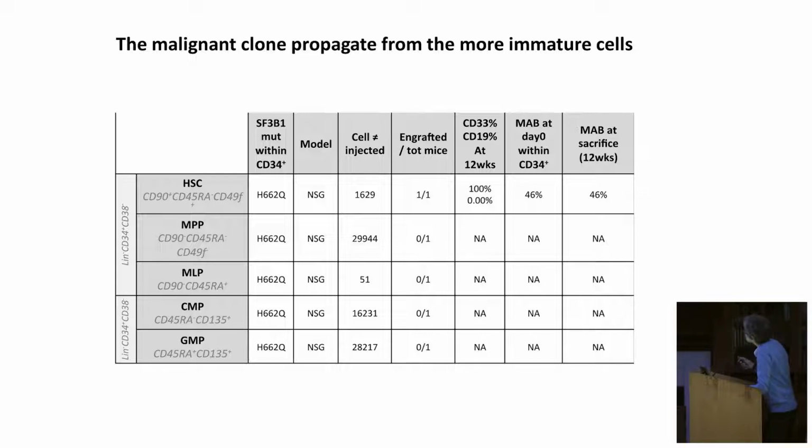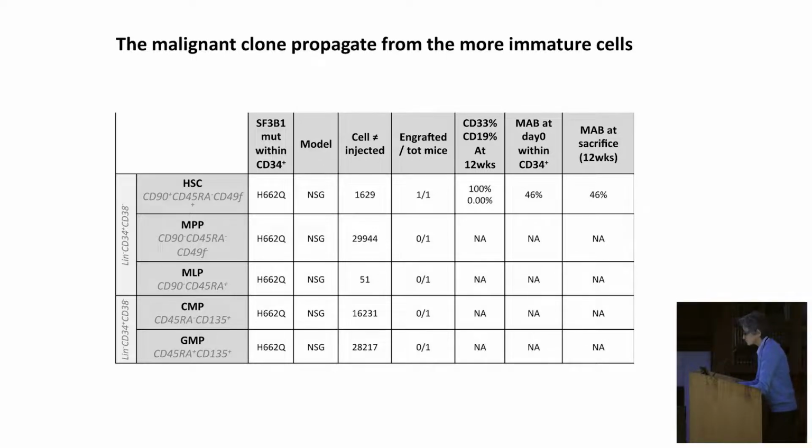And for these specific patients, for example, we saw engraftment exclusively in the more primitive HSC compartment. These are the most primitive population that we can sort and that we know in human. So a highly enriched HSC population is responsible for propagating these patient samples.